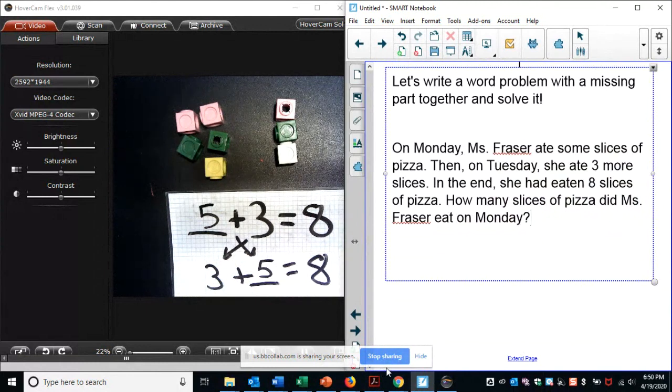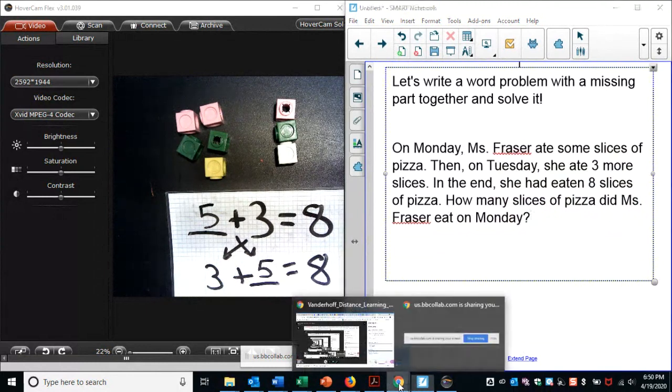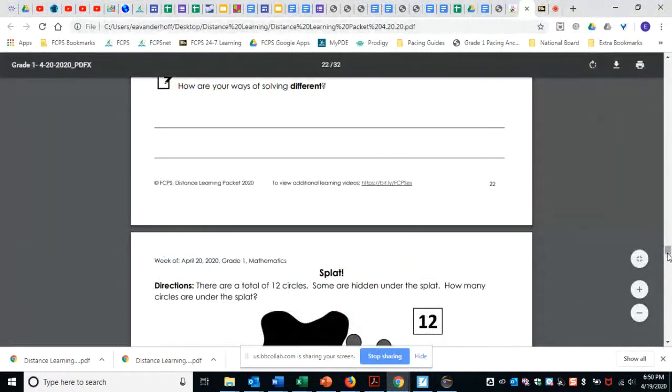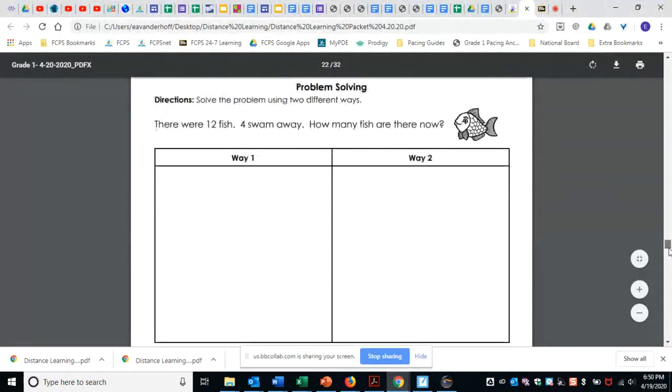Now I will show you one more thing before I let you go today. So in your packet, there is a word problem. Now this is a pretty regular word problem. It doesn't have a missing part in the middle, but this is on page 22. It says there were 12 fish, 4 swam away.